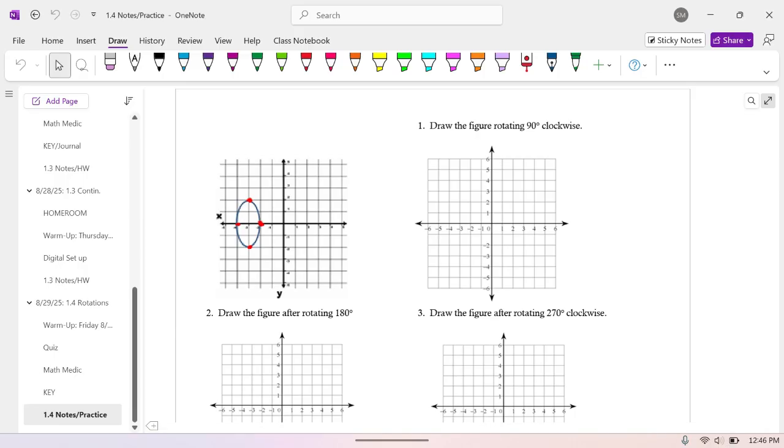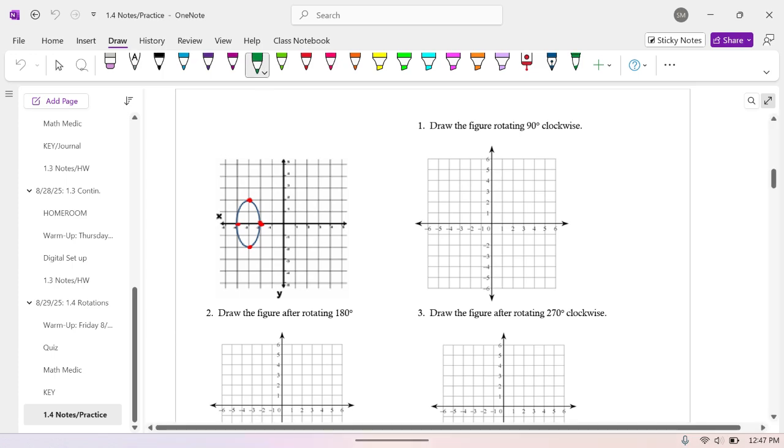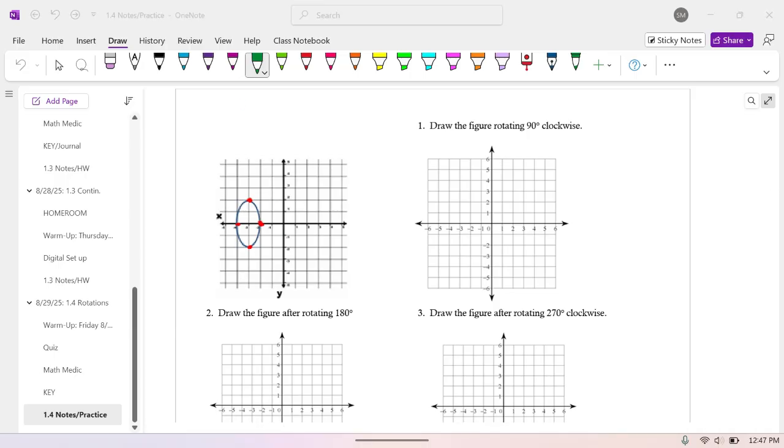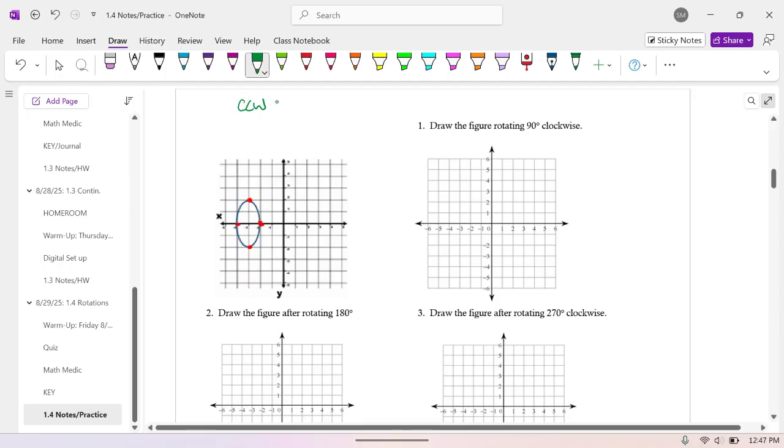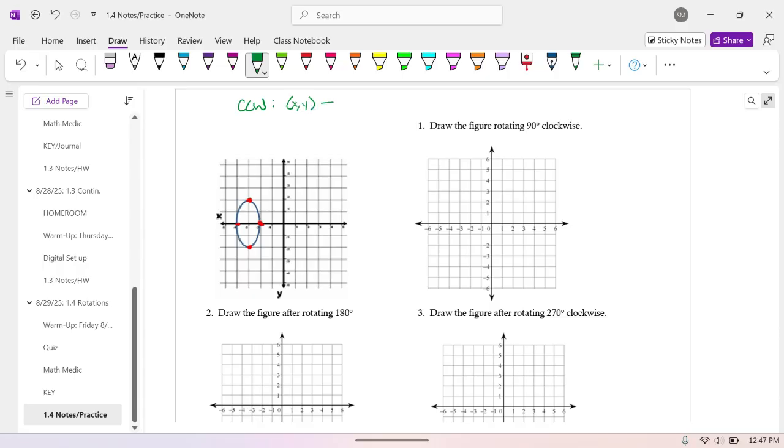So when you are dealing with rotations, don't forget about those rules that we discussed in class today. For example, with this one, we're just going to do going clockwise now. So, we already discussed that counterclockwise, if you start with xy, it would be negative y, x for 90 degrees.